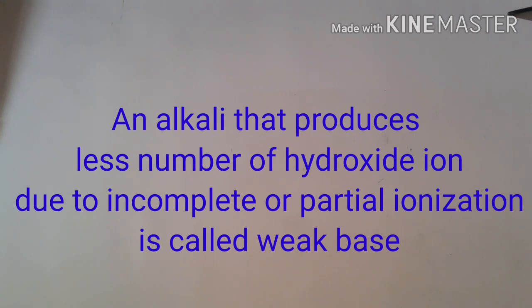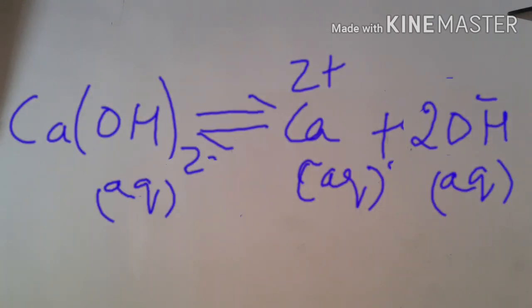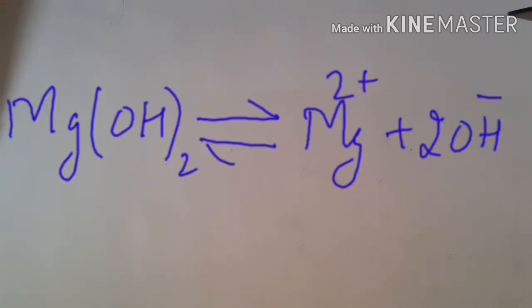For example, calcium hydroxide dissociates to produce Ca2 plus ion and OH minus ion. Magnesium hydroxide, in its aqueous solution, dissociates to produce Mg2 plus ion and OH minus ions.